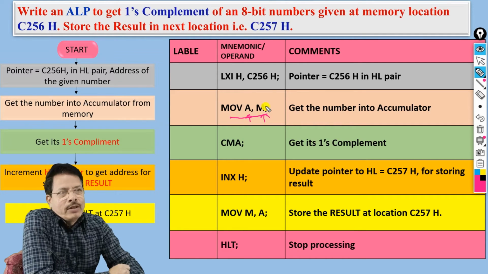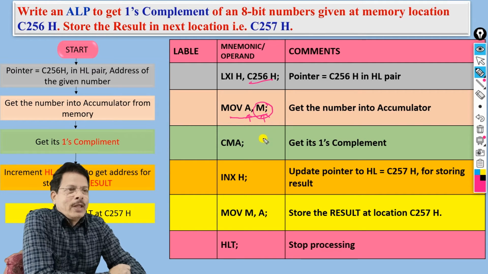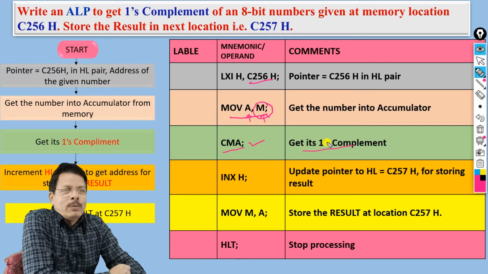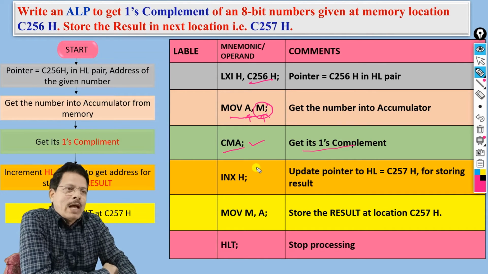And you know that whenever memory is mentioned in this assembly code, the address is assumed from the HL pair, which in this case is C256. So the accumulator will get loaded with the desired number. And we have studied one instruction from the logical operations, complement accumulator, CMA. So when this instruction is executed, its 1's complement is ready in the accumulator.